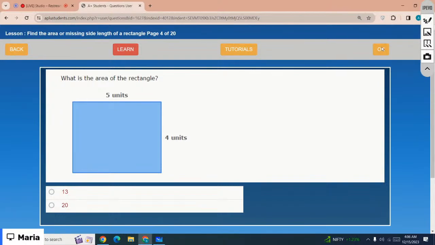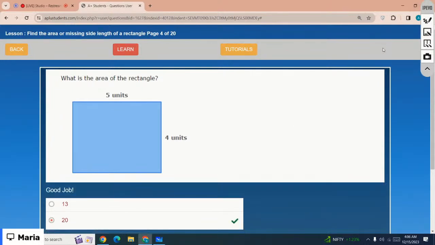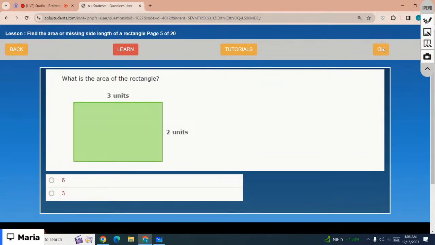What is the area of the rectangle? Which is the correct option? The correct option is 5 times 4, that is 20. Yes, the correct option is 20. Okay, what is the area of the rectangle?